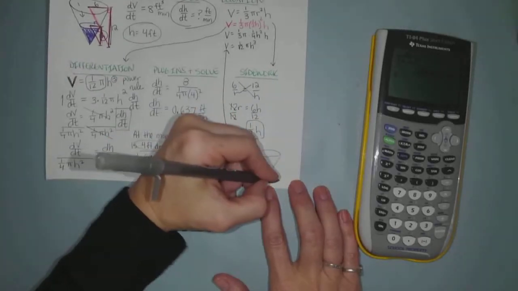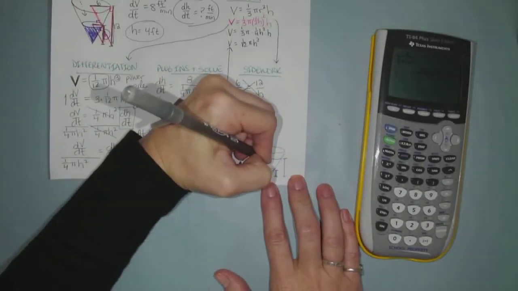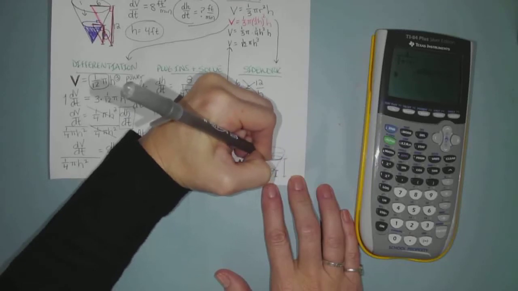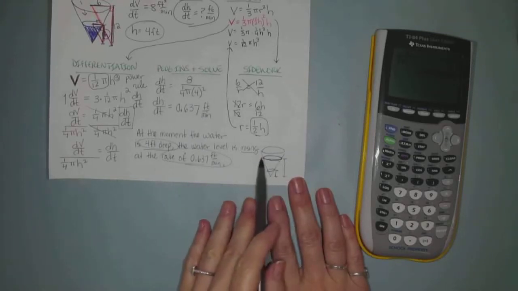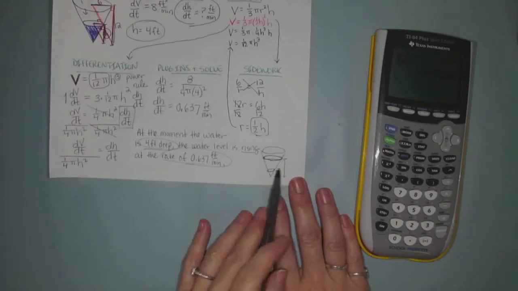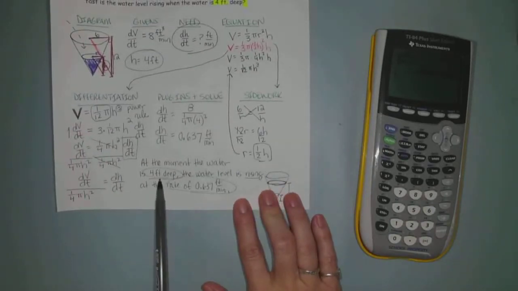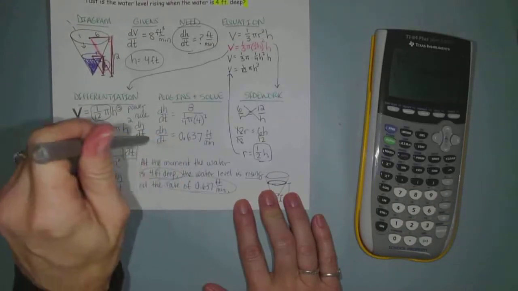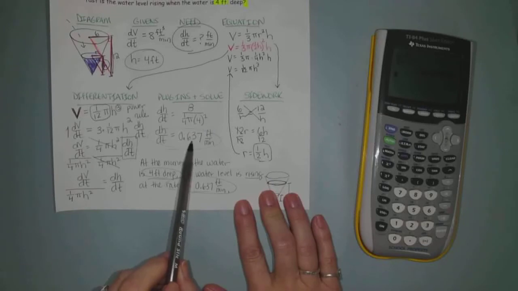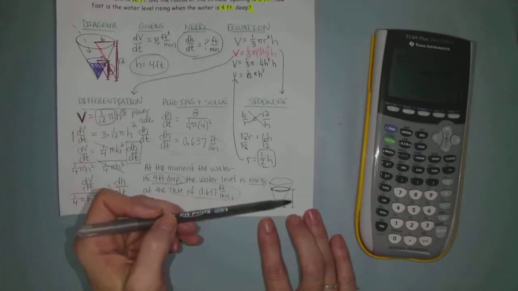But you can see that as the height increases, it will take longer for the height to change because you're filling up more area up here. So my guess would be that if I plugged a different depth into my dH/dt, this value will decrease because the speed at which the height grows should slow down the higher we get in the cone.